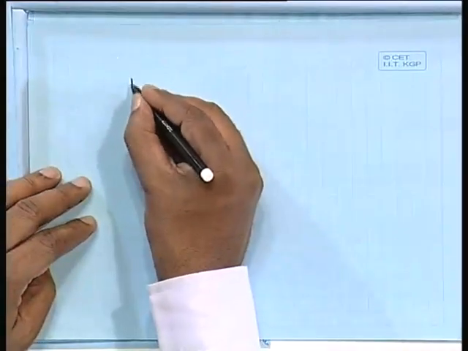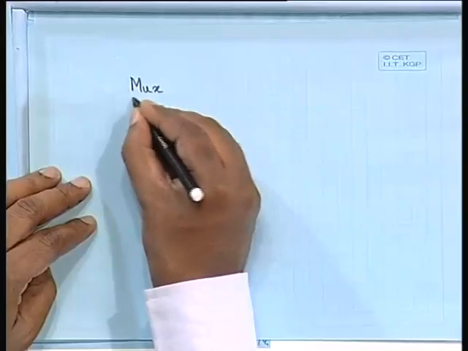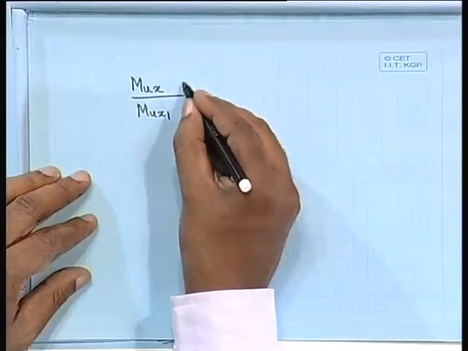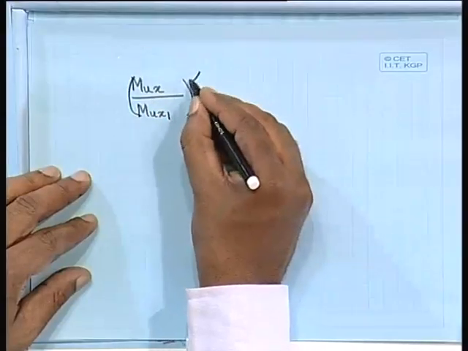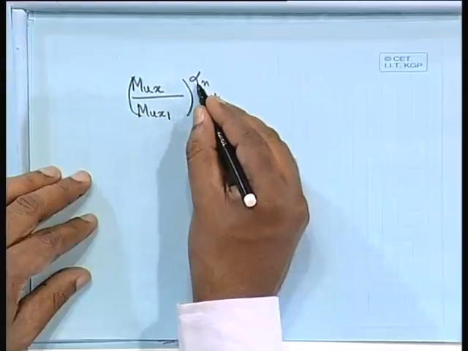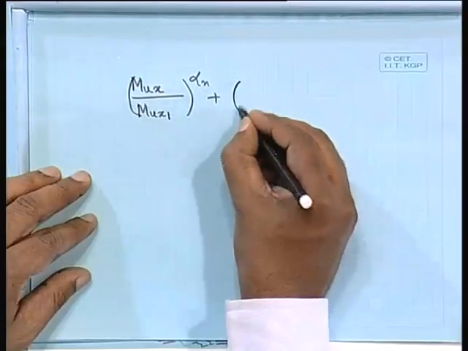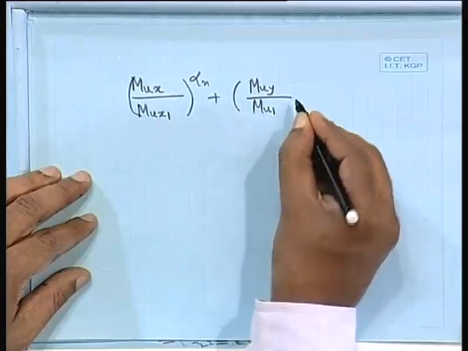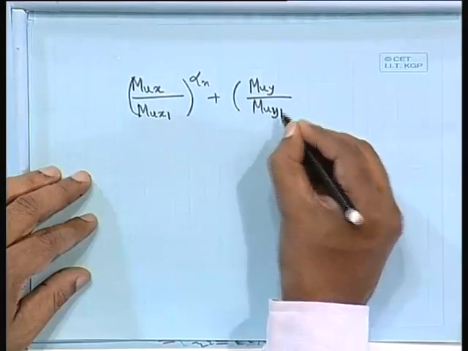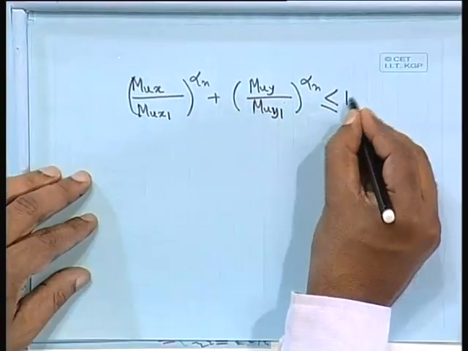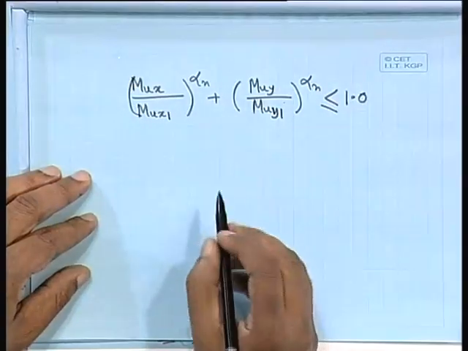What is the check? The check is Mux by Mux1 to the power alpha n, plus Muy by Muy1 to the power alpha n, should be less than or equal to 1.0. What about this?